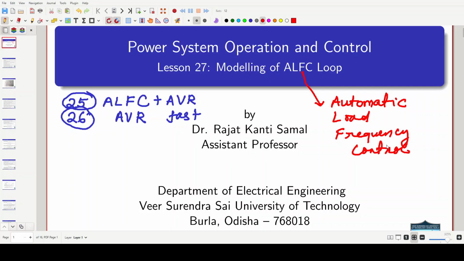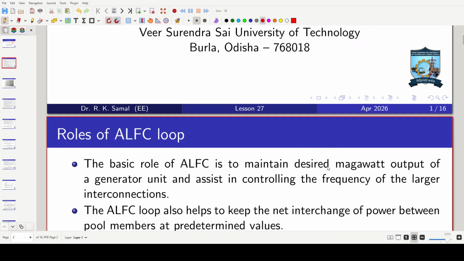So how we are going to control the frequency? What is the device that we are going to use here for automatic load frequency control? So when we say automatic load frequency control, we actually mean the governor. Okay, so that we are going to model.